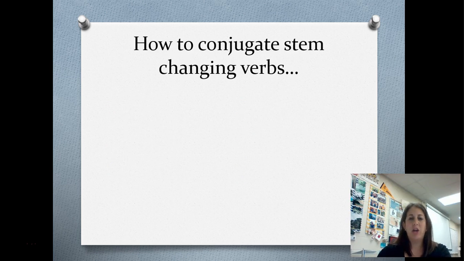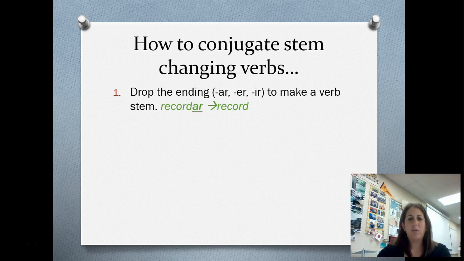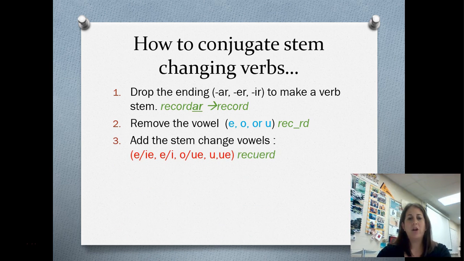So now let's go to our stem changing verbs. Now, same thing as far as our conjugation steps. We're just going to add kind of another step to it. So we're first going to drop that AR, ER, or IR ending. And then we're left with our verb stem. And then we're going to remove whatever stem changing vowel it is. In this case, recordar is an O to UE stem changer, so we're going to drop that O. And then we're going to add whatever the stem changing vowel or vowels are.